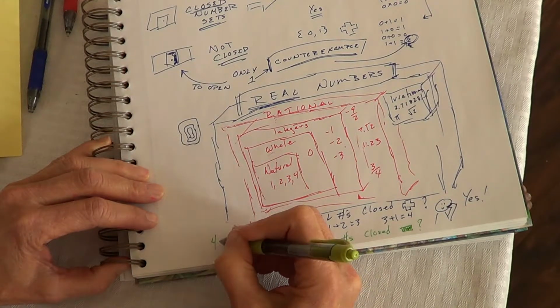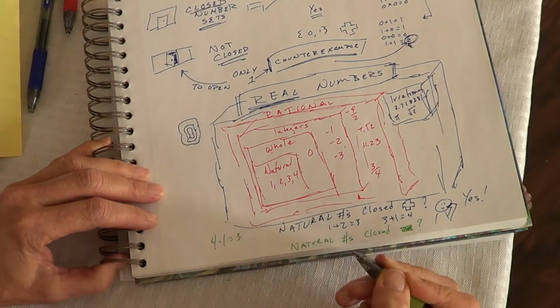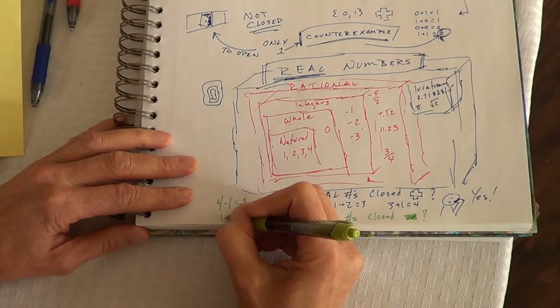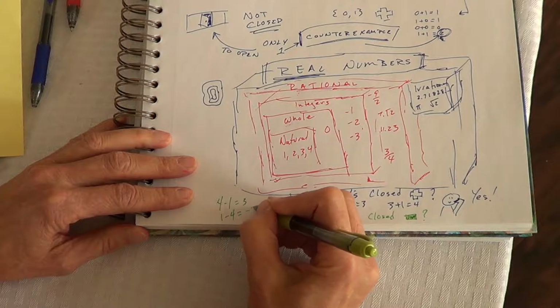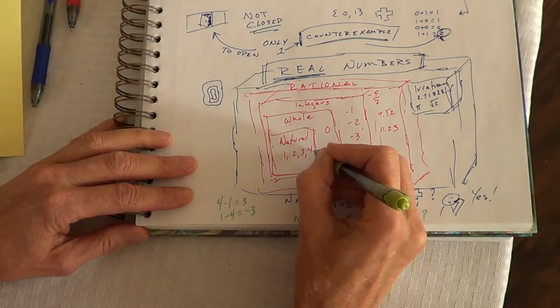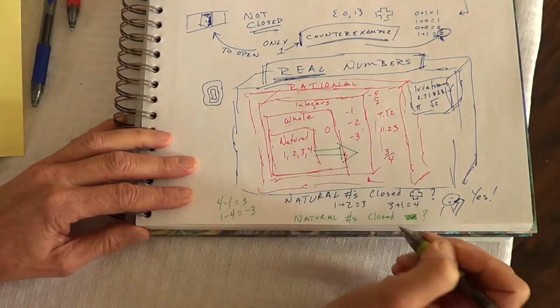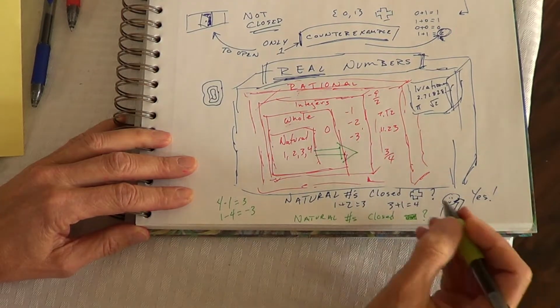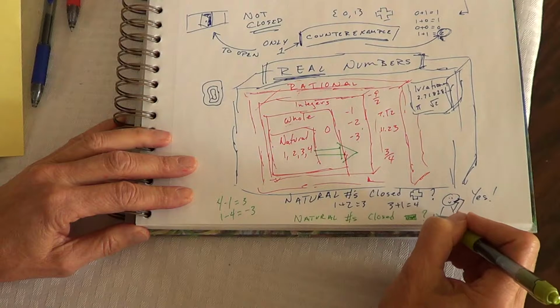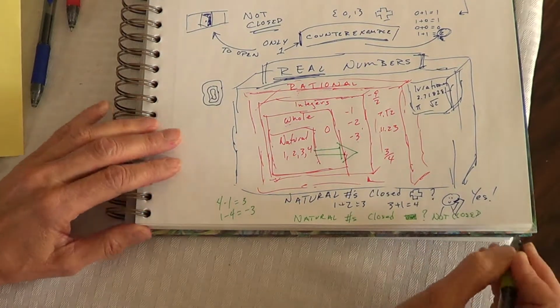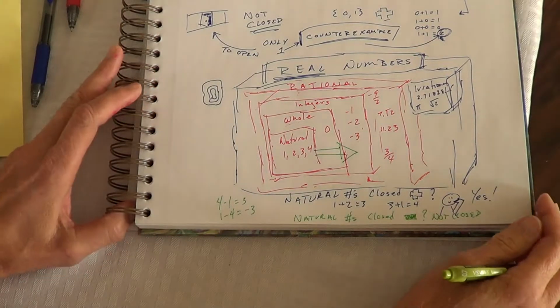If we go 4 minus 1, 3, yeah, it seems to be closed, but hopefully you're already saying, turn that around, 1 minus 4, ooh, that would be negative 3. I've just shot out of my box, and I'm clear out here at integers. So they're not closed. Hopefully that kind of makes sense.